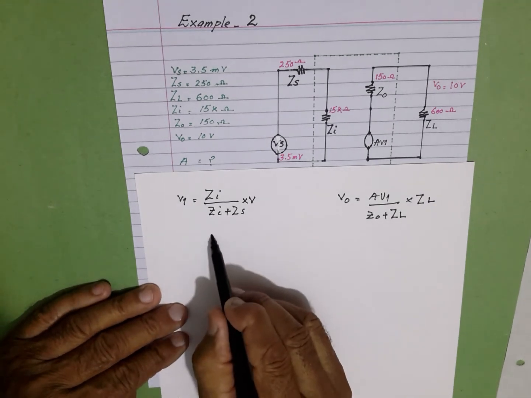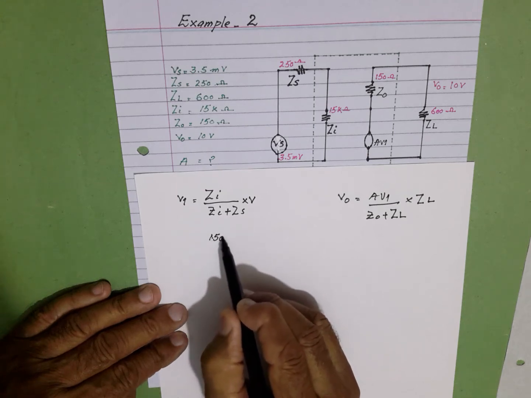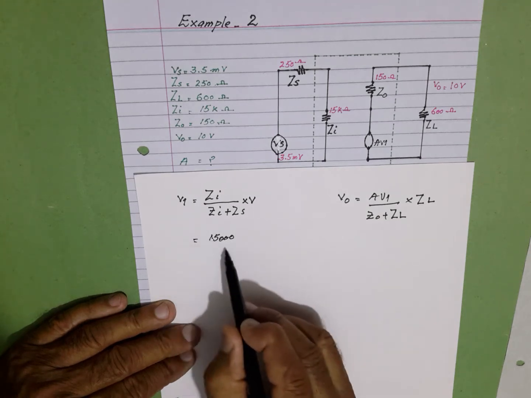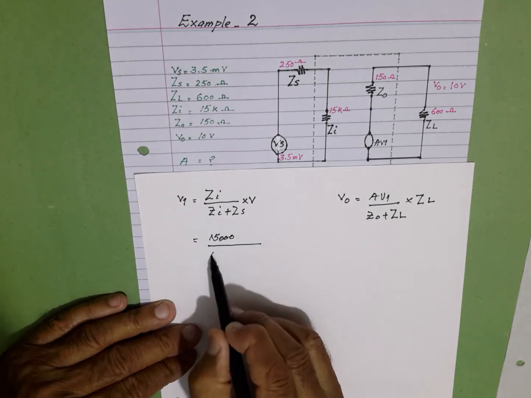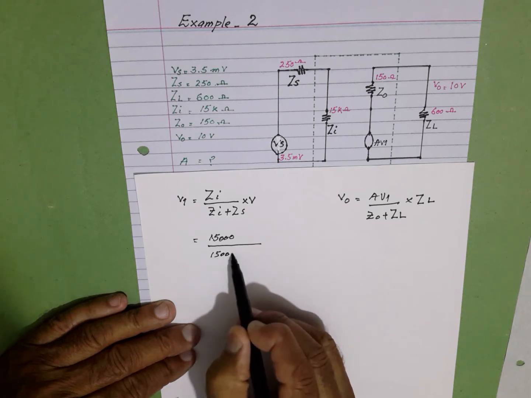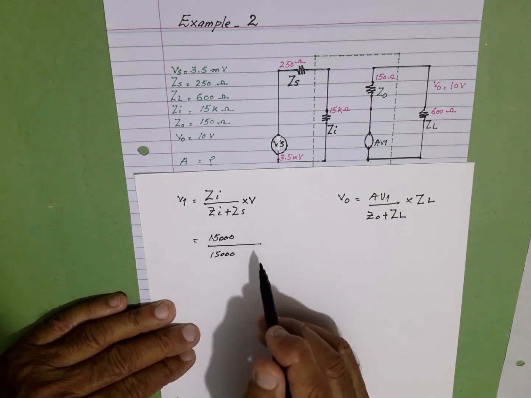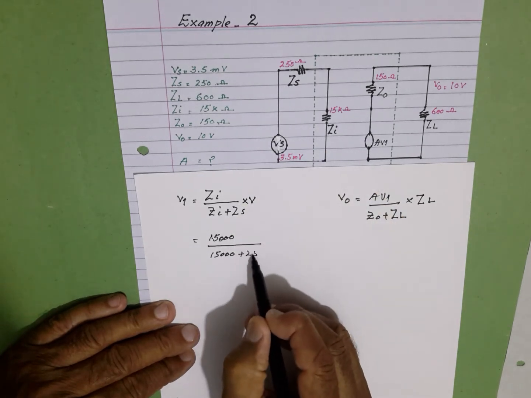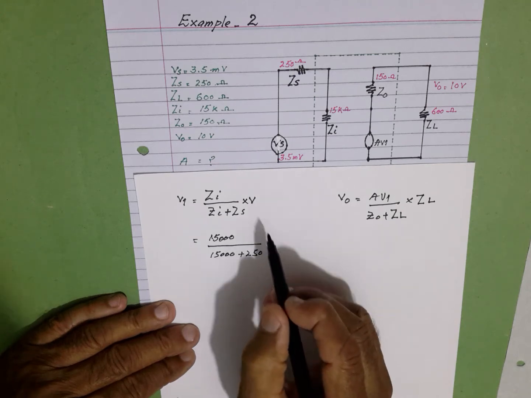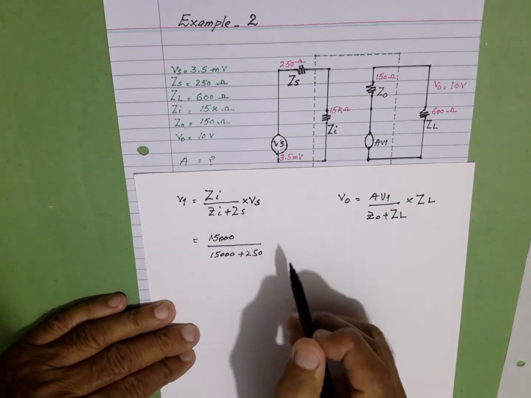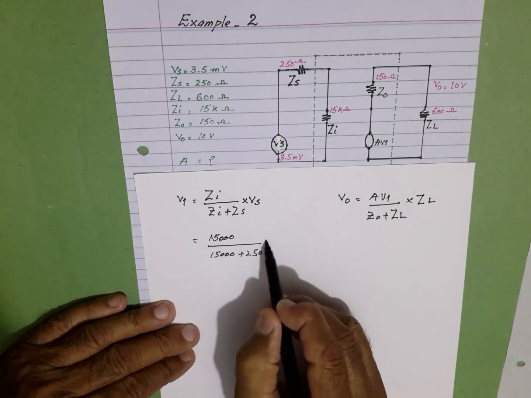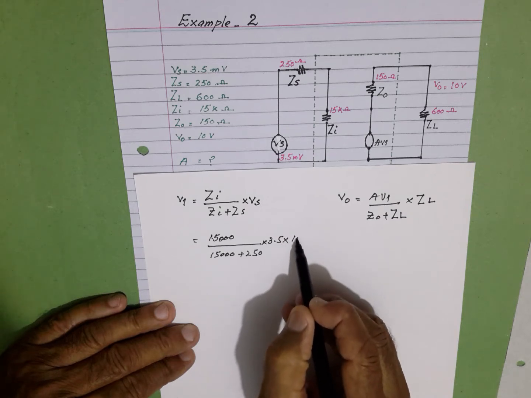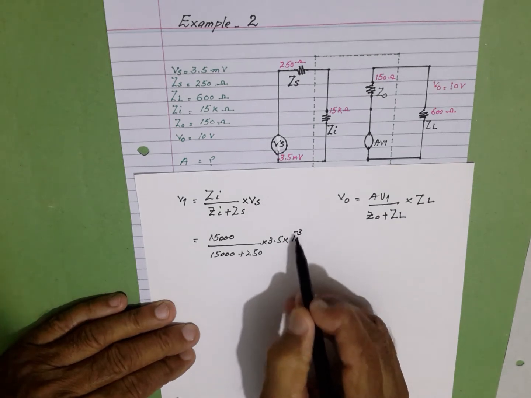Zi is 15,000 ohms or 15 kilo ohms, divided by 15,000 plus Zs, which is 250 ohms, and Vs is equal to 3.5, which we can write as 3.5 multiplied by 10 raised to the power minus 3.